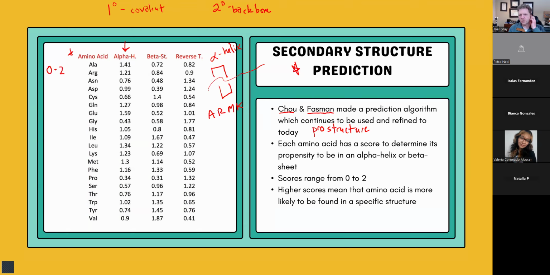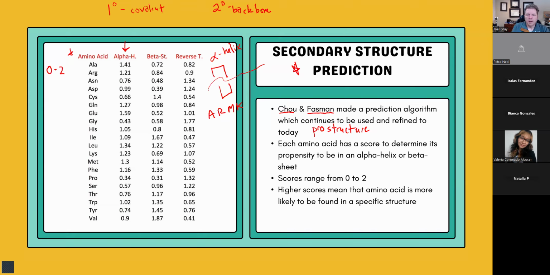So essentially what they were looking at and what they did with this, Michael, arginine. Absolutely. And I know that some of y'all were probably looking at this and thinking, okay, we've got a 0 to 2. Is 0 good, meaning it's likely, or is 2 good, meaning it's likely? In this case, the higher the number, the more likely that amino acid is to be found in an alpha helix.